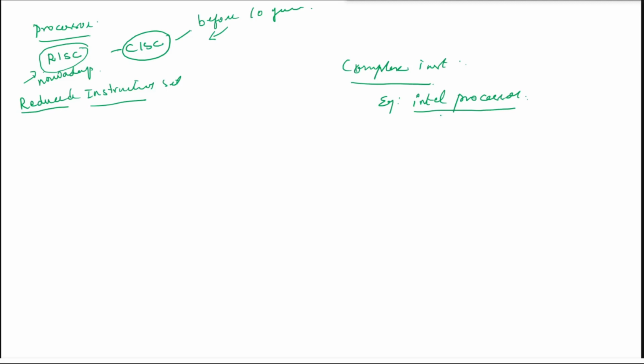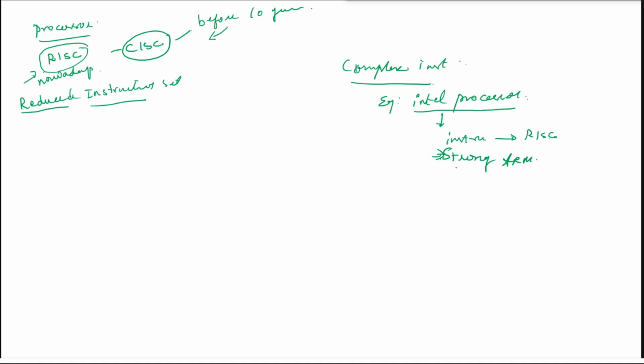But even Intel is trying to convert its instruction set to a RISC-based instruction set. They themselves have developed an ARM-based processor, I think StrongARM. Which means even Intel has moved onto a RISC-based architecture.